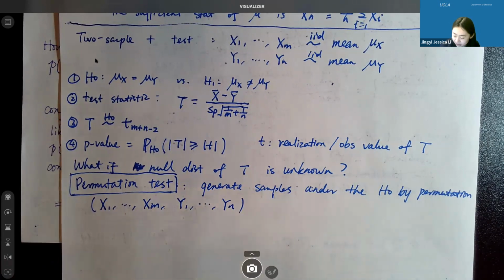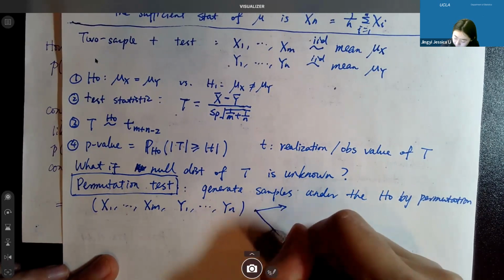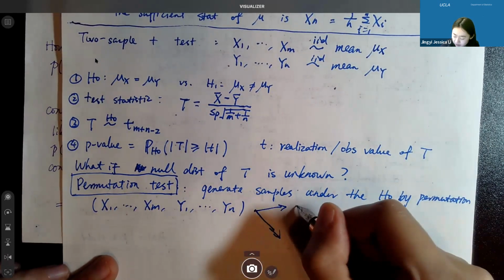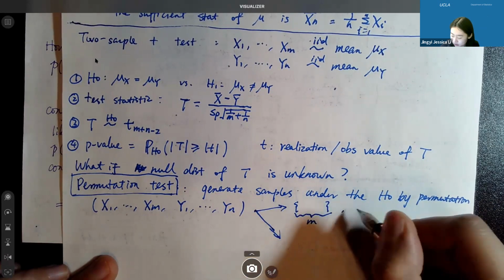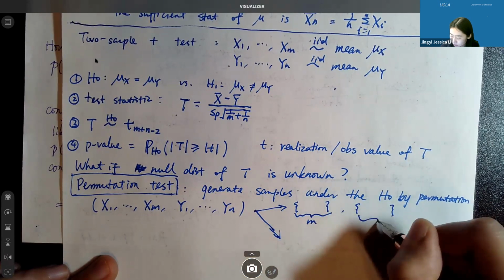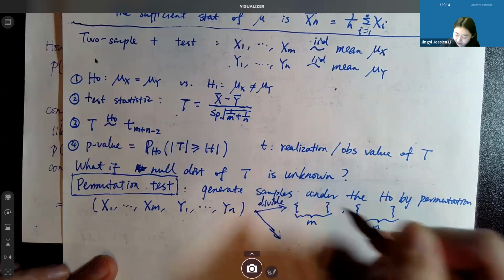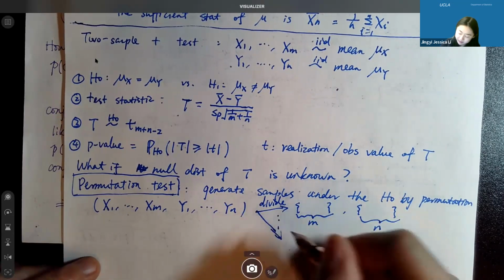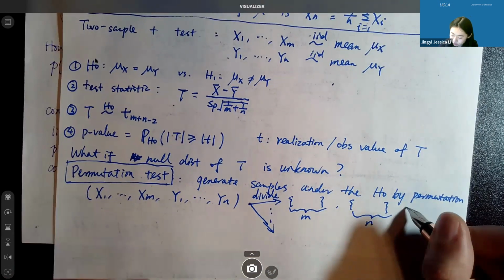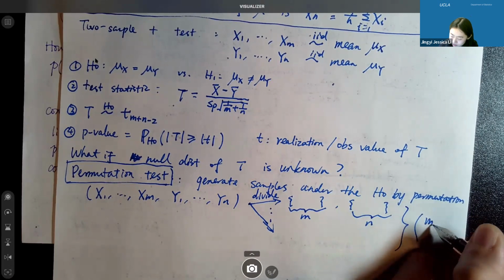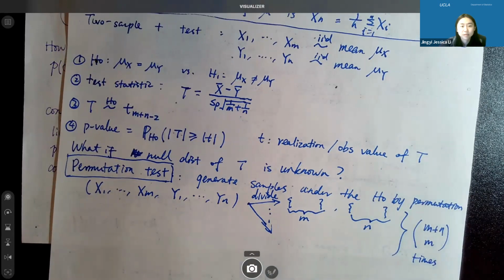I pool them and I just randomly divide, so I will have a set of m numbers and a set of n numbers in each division. And I could do this division how many times? This is a combinatorial problem. I could actually do this a total of m plus n choose m times, right? I'm just doing the random division.